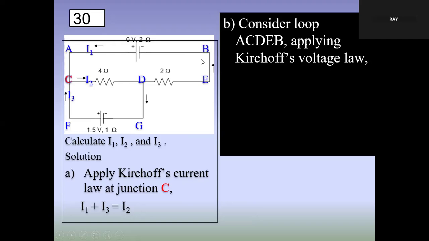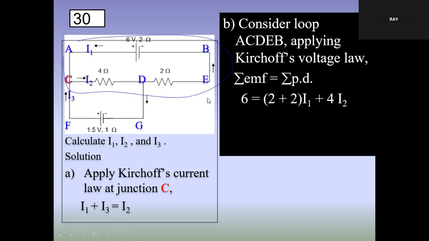Okay, consider the loop A, C, D, E, B. This loop there, using Kirchhoff's voltage law. We are taking it anti-clockwise, where the current will flow.